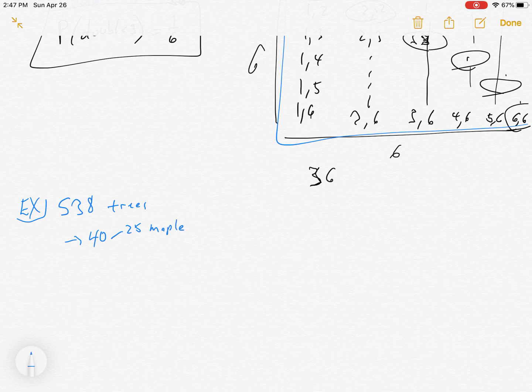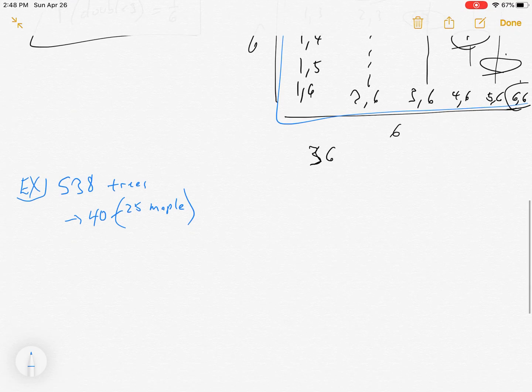You choose 40 at random and determine that 25 are maple. So you're going to choose 40 at random. That's called a random sampling. And we got 25 maple. So 25 are maple.